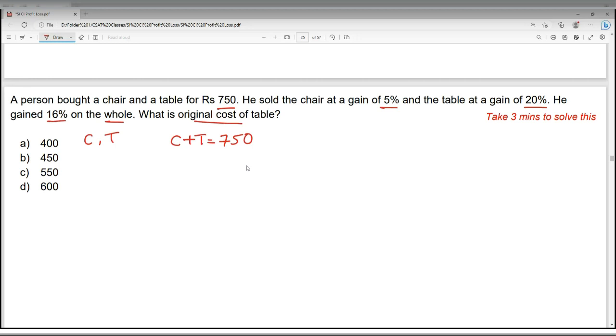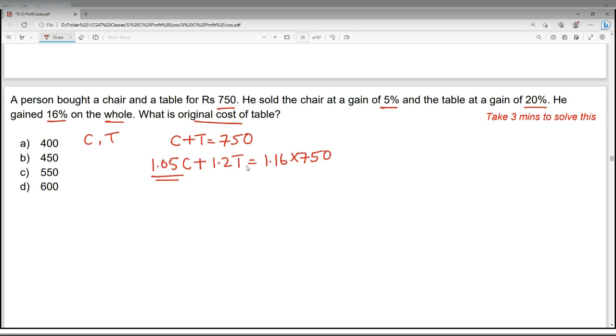In normal circumstances, I would have written another equation, which would have said 1.05 into C plus 1.2 into T is equal to 1.16 into 750. But to know how this came, I'll just show you here.